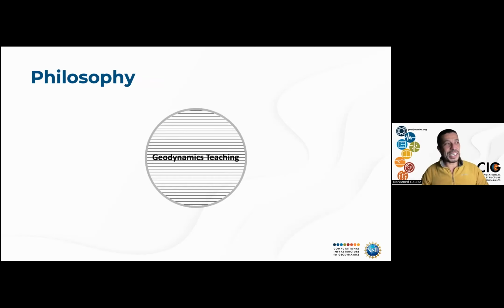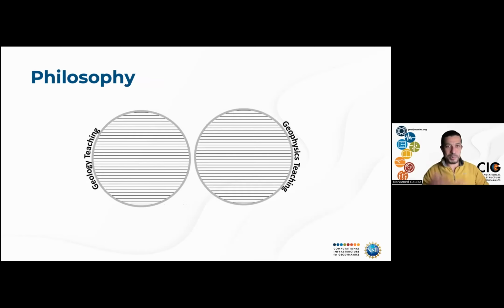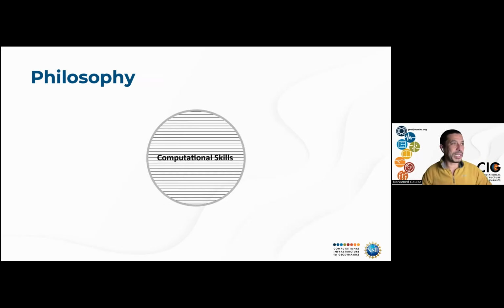One of the key elements we looked at in the beginning was what the different components are when we teach geodynamics, and this can be split into two components: geology or geoscience teaching, and geophysics teaching. Those are two different components, and classes where geophysics is a heavy component differ from classes where geology is the main component.